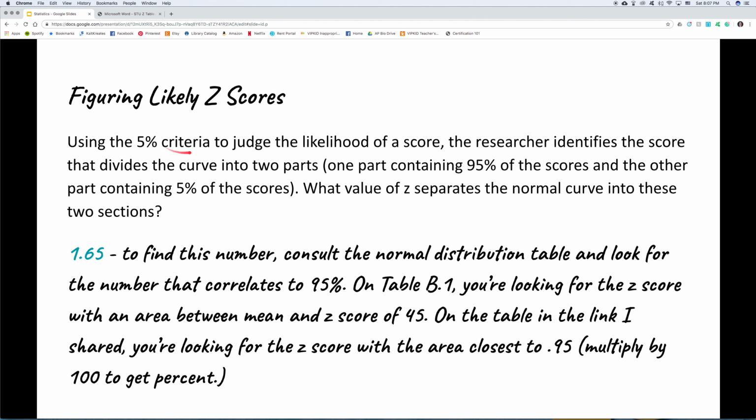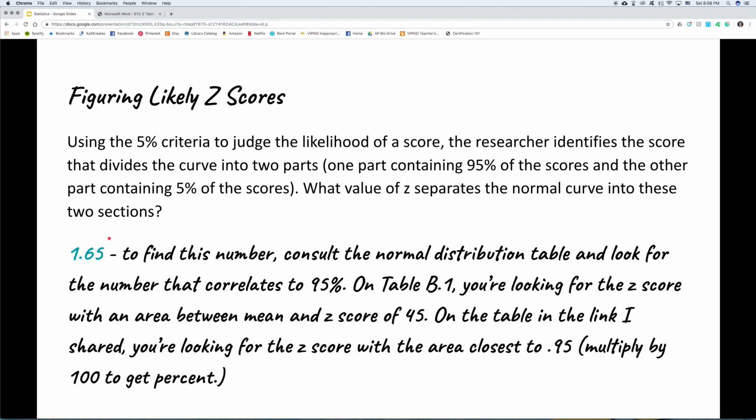So, we're using the 5% criteria to judge the likelihood of a score. The researcher identifies the score that divides the curve into two parts, one part containing 95% and the other part containing 5%. So what value of z, what z-score basically, separates the normal curve into these two sections.